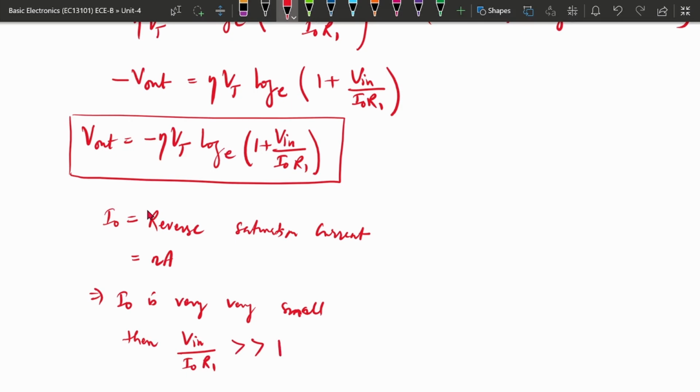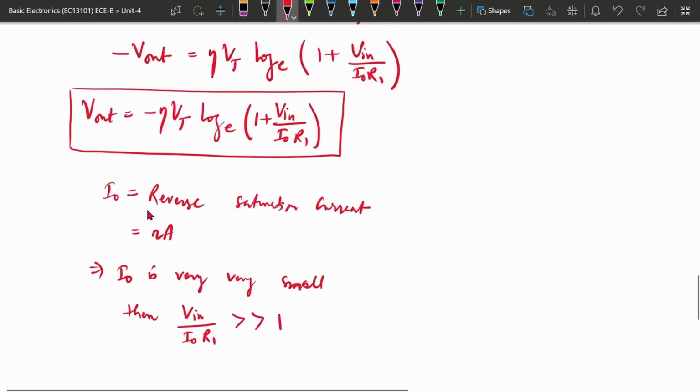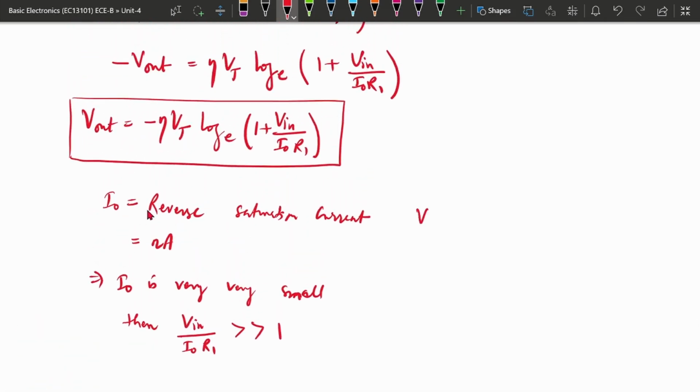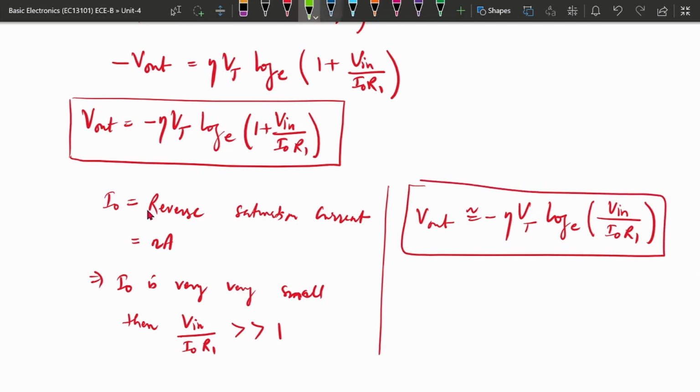When it is very much greater than 1, we can simplify the above expression: V output will be equal to minus eta times Vt log to the base e of, instead of 1 plus something, since it is very much greater than 1 we neglect this 1, so V in divided by I naught R1. This is the simplified one.